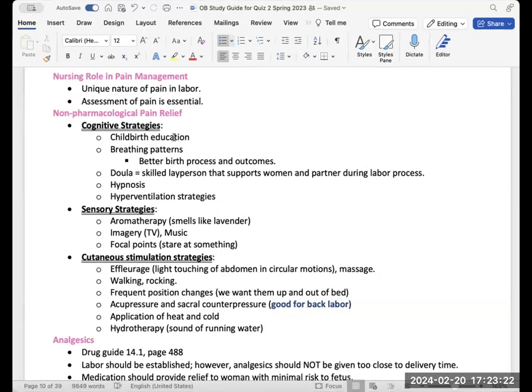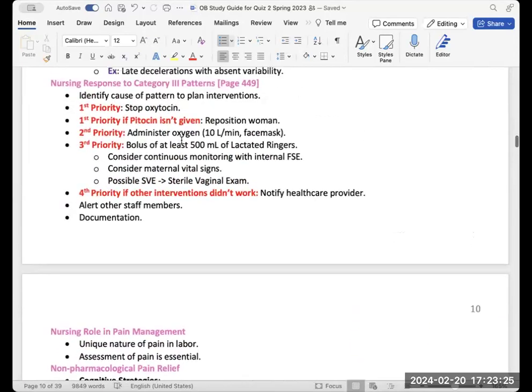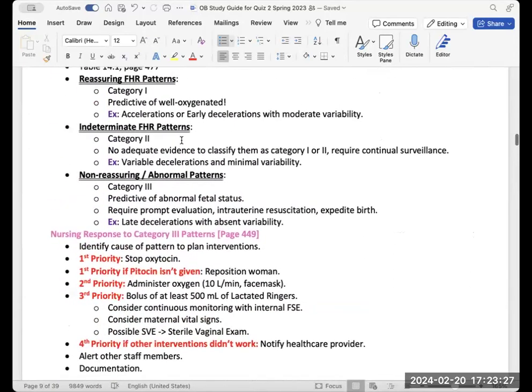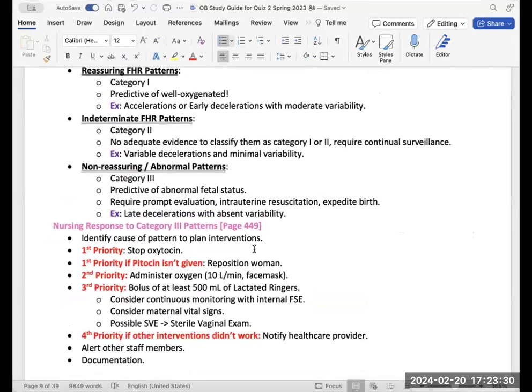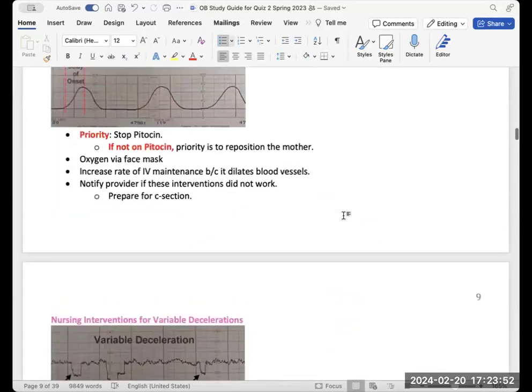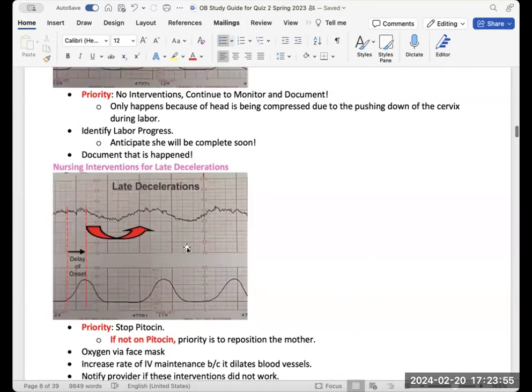I have a question about category 3. Does it have to be absent variability and decelerations, or could it be one or the other? Could be one or the other, but typically you see late decelerations with absent variability together. They just happen to usually occur together. If you see late decelerations, automatically 100%, this is a category 3.